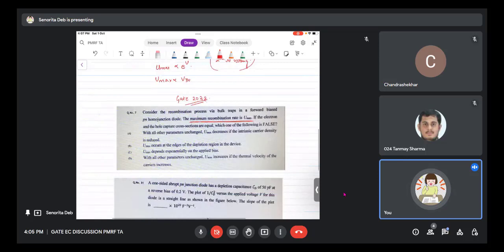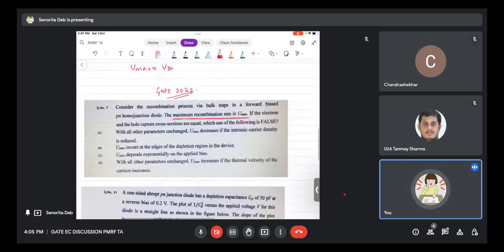Sometimes in GATE these kinds of questions do come which do not directly adhere to the formulas you might have read, but you can always solve them with your intuition, as I told you in the last class. I have not read maximum recombination rate, but I have read about recombination rate, and from that I can have an idea about all four options.